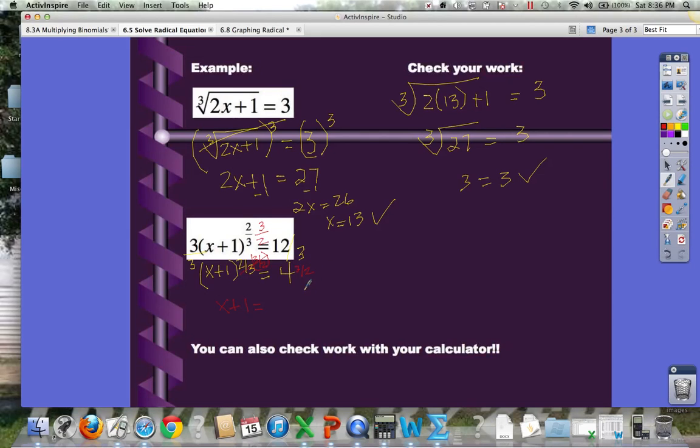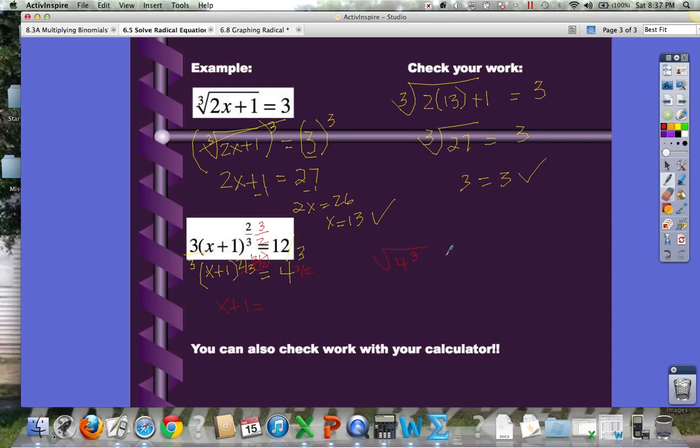Okay, so when you do 4 to the 3 halves power, that's the same thing as the square root of 4 to the 3rd power. 4 to the 3rd power, 4 times 4 times 4, which is 64.